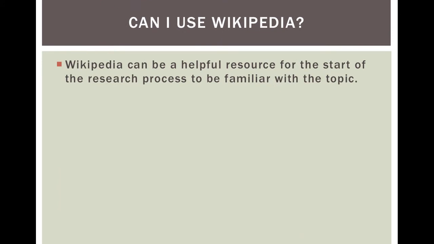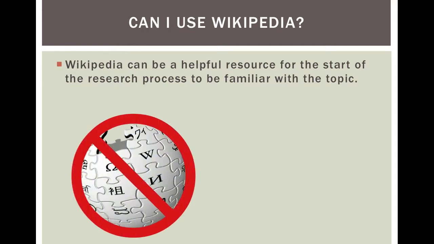To further explain what I mean, let's take Wikipedia as an example. Can we use Wikipedia in our research? We all know that Wikipedia is not a good place for academic research, and we tell our students not to use it in their research project. But that doesn't mean to totally ignore this website.